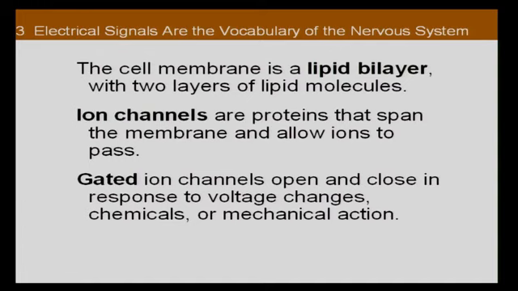There are also chemically gated ion channels. These gated ion channels only open if there's a particular chemical in the environment. And the third example is mechanically gated ion channels. We're going to get to that when we get to the somatosensory system of the body, because these ion channels that are found right on your fingertips, for example, will open with physical force.